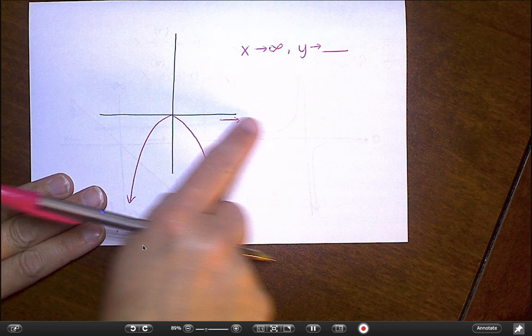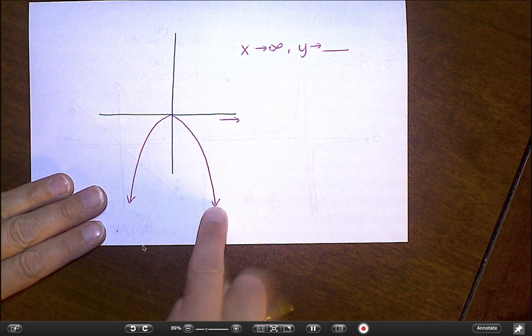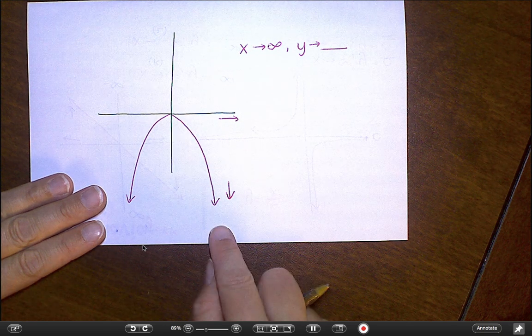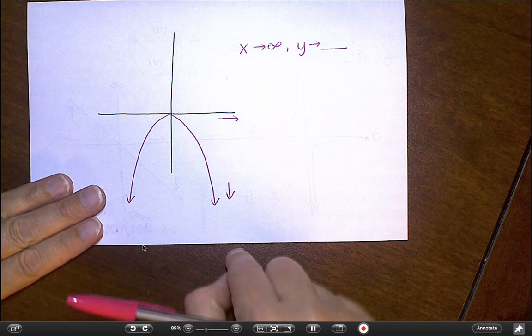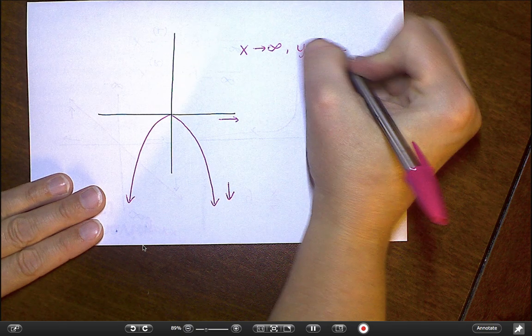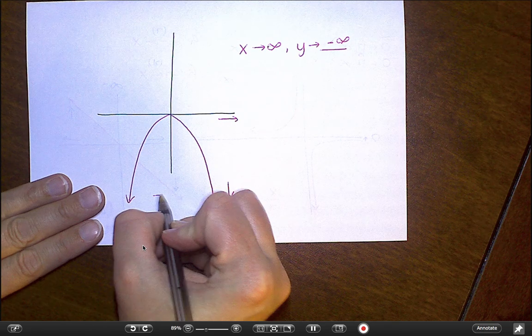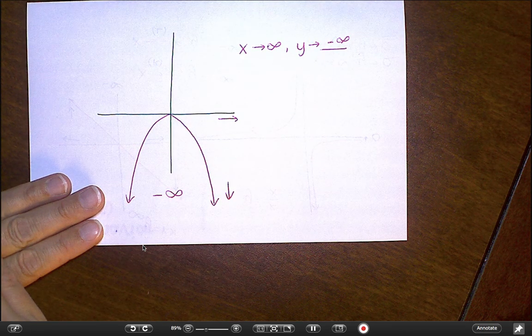So the farther I go to the right, what's happening here? These are going down forever, not down to zero and stopping, down forever. That would be negative infinity. Okay, this down here is negative infinity.